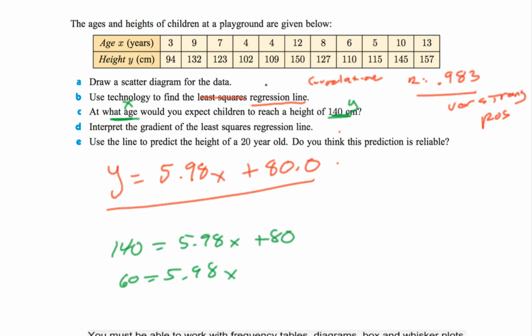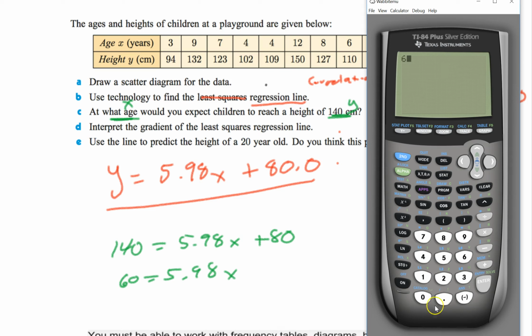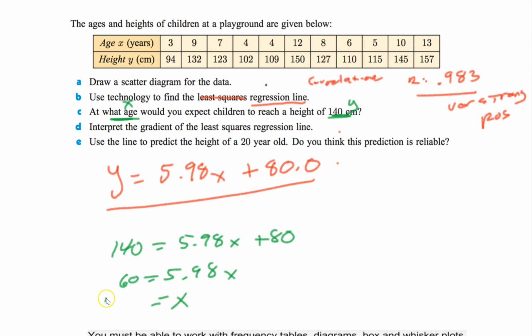Divide by 5.98, and you get about 10 years old. So around 10 years old, you expect children to reach a height of 140 centimeters.